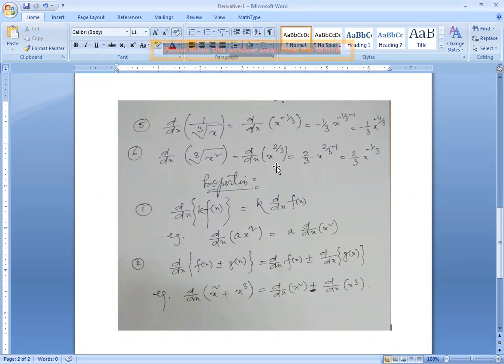Now it is again in x to the power n form. So as per the same formula, formula number 2, you can write the result directly: n into x to the power n minus 1. By doing this, we got 2 by 3 x to the power minus 1 by 3.